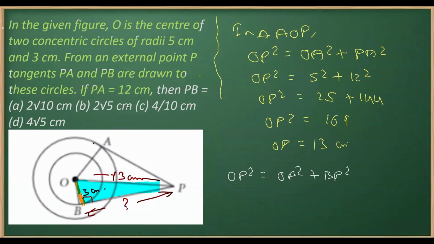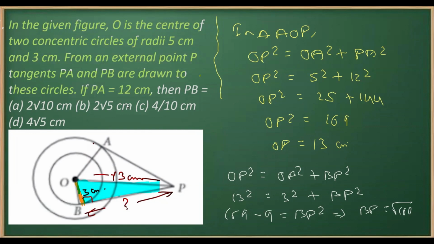Now check here. We know the length of OP as 13, so this is 13 square. OB is 3, so this is 3 square, and BP square is what we have to determine. This is 169, and 3 square is 9. If I transpose to the left hand side, we get the measurement of BP square. Well, this is how much? 160. So BP will come as under root 160.